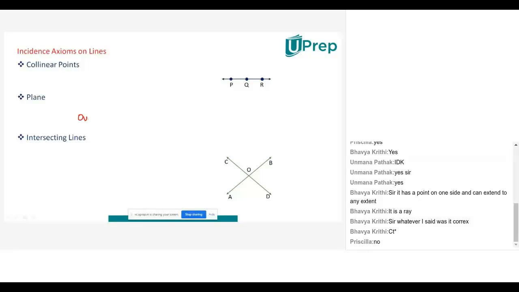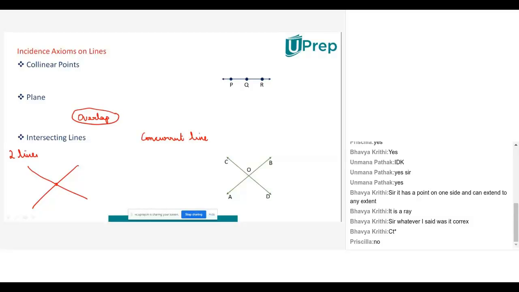Okay. Let me make a few corrections to what you guys have in your head. When I'm talking about intersecting lines, let me talk about another related thing called concurrent lines. Let's understand both together. I am taking two lines, and they cut or intersect at one point, basically.